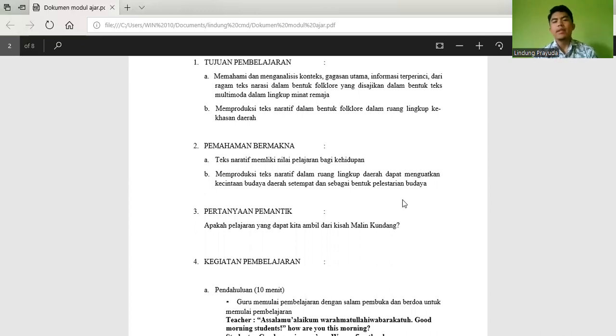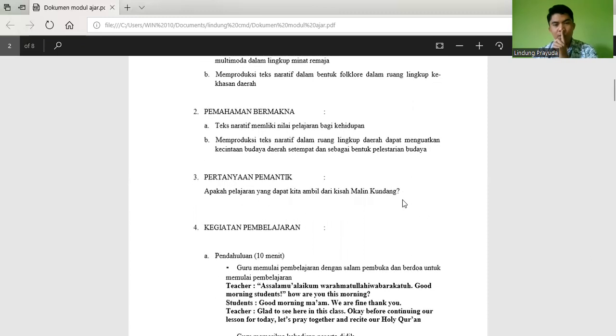And then producing narrative text in terms of regional narrative text strengthens our love for our culture, as a kind of cultural preservation. And we hope that the students are able to love their culture.